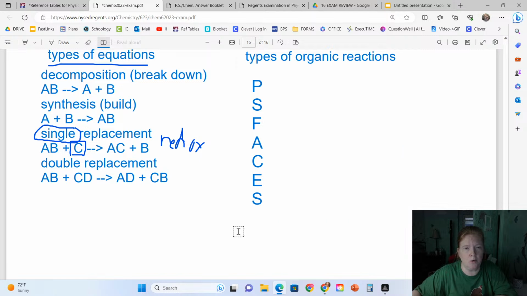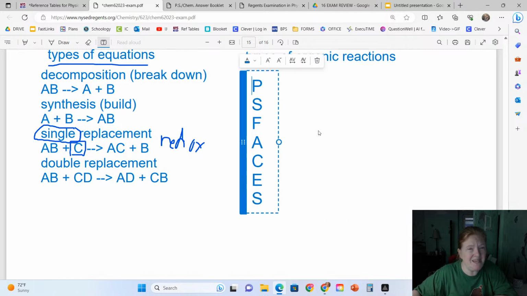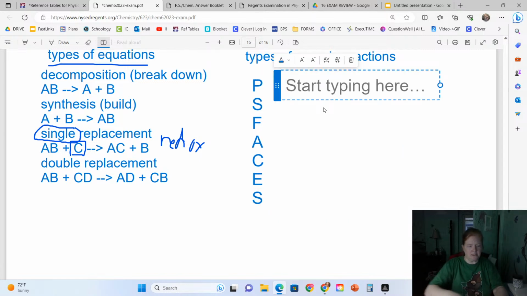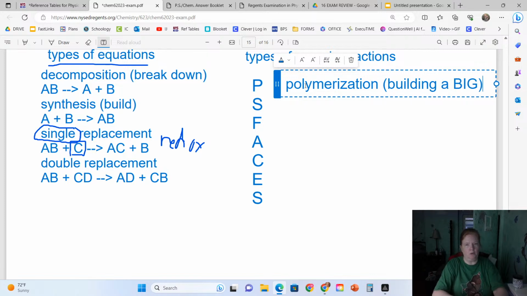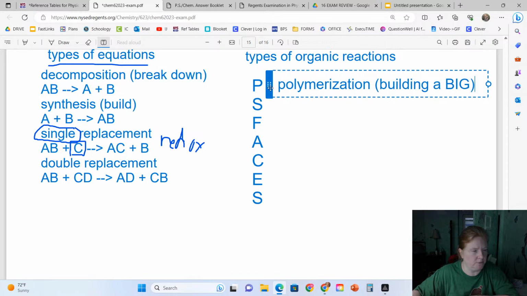All right, so P is, let me just go a little smaller here. Polymerization. Okay, so polymerization means building a big molecule, a polymer, huge, a big molecule.